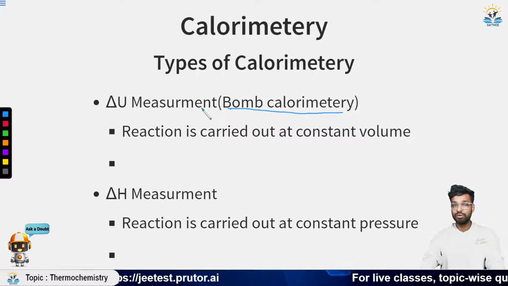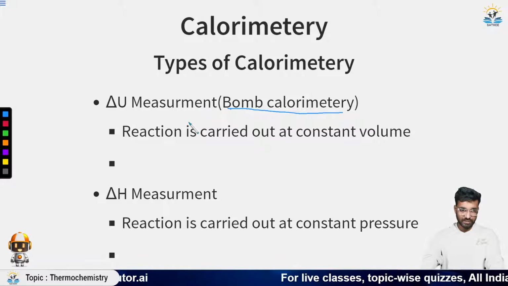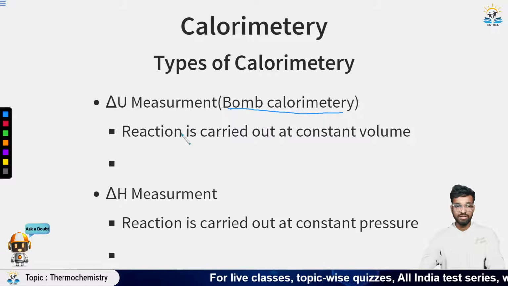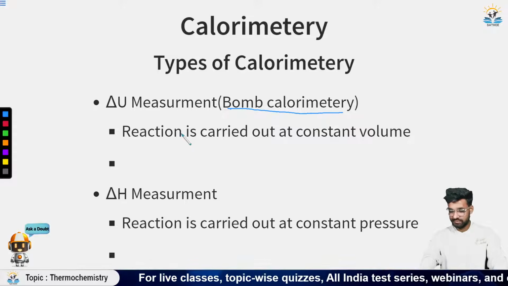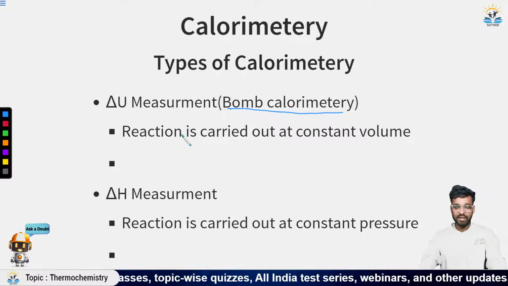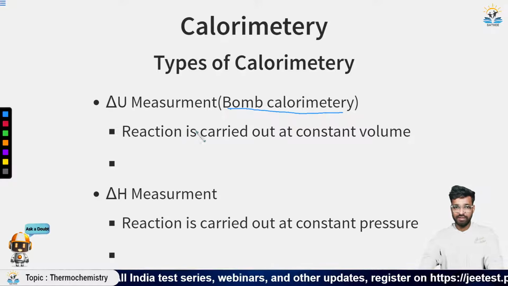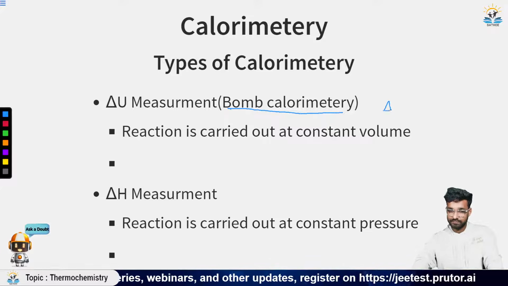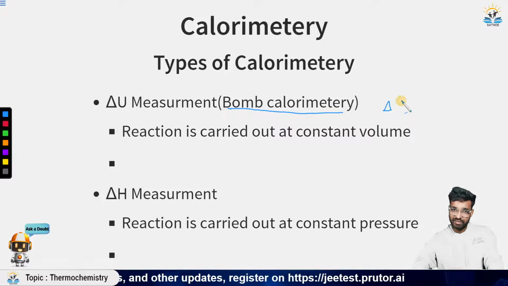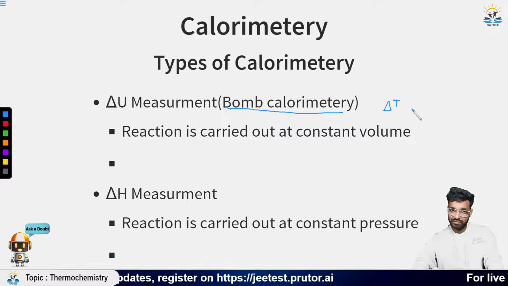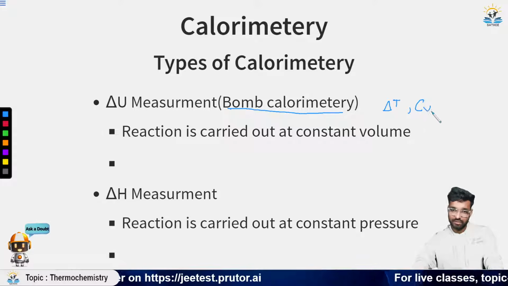So we keep the volume constant here, carry out the reaction, and then calculate the temperature change. And I have told you earlier as well that we have to know the heat capacity of that liquid. Now we have the delta T, and we know the CV as we are conducting it at constant volume, so we will call it CV.